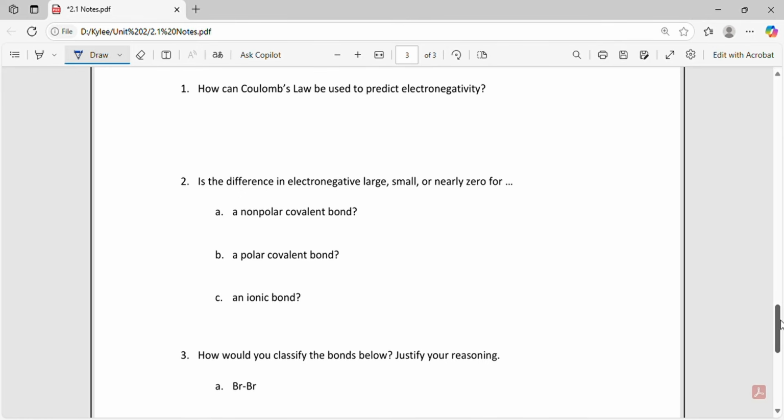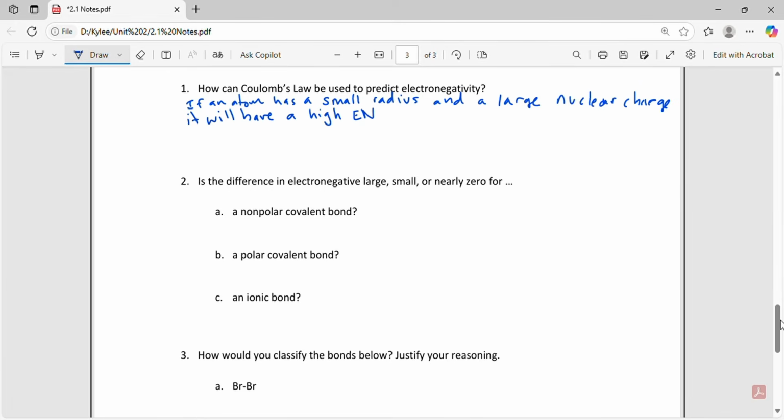It says, how can Coulomb's law be used to predict electronegativity? And this has to do with our nuclear charge and a small radius. So I would say something like, if an atom has a small radius and a large nuclear charge, it will have a high electronegativity value.